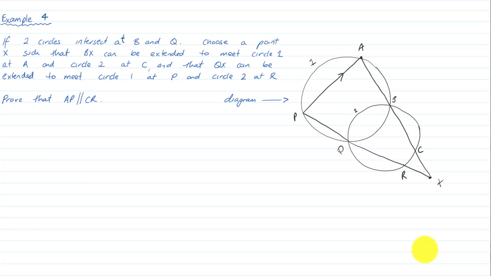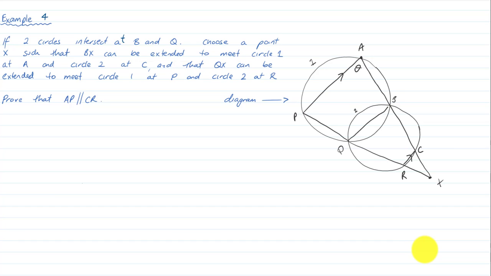Okay, now to do that I'm going to use angles in parallel lines, but I need to fashion up some information first. So here's another line, but BQ may not be parallel to AP and CR, I just don't know. What I'm going to do is start with a theta up here, and I'm going to move that theta around.